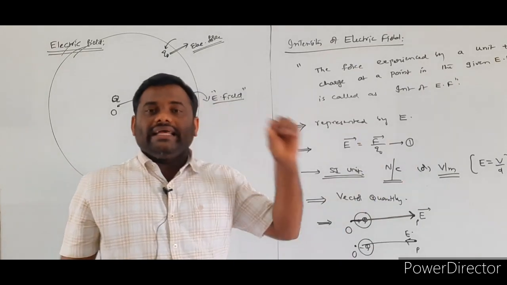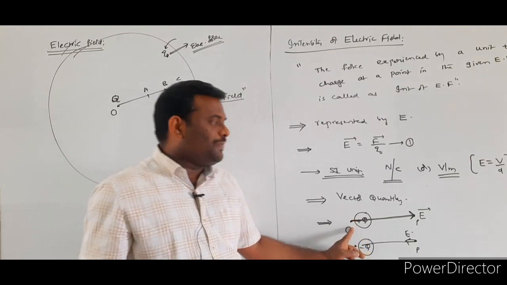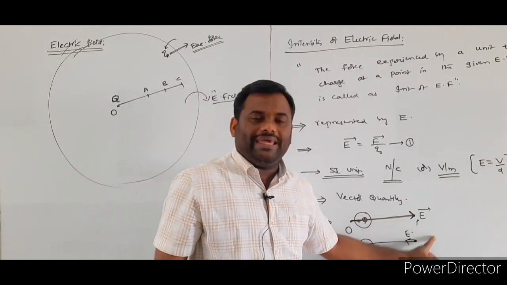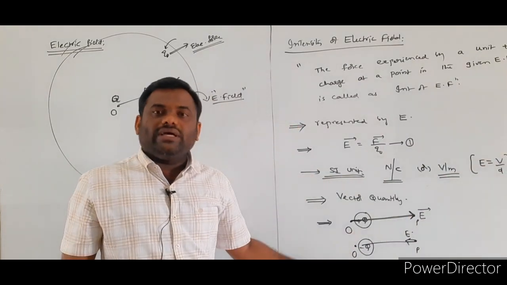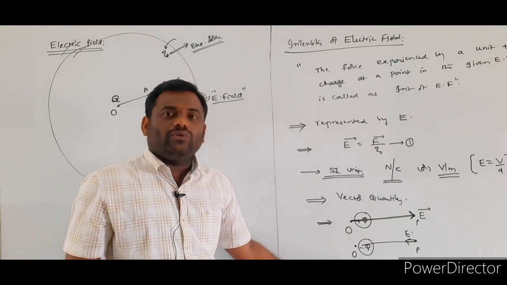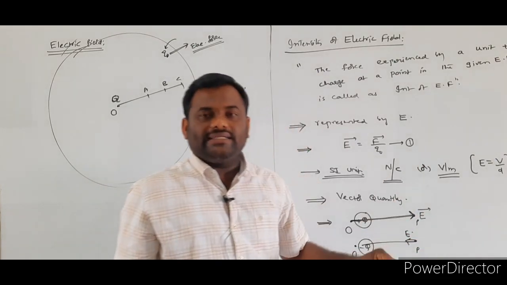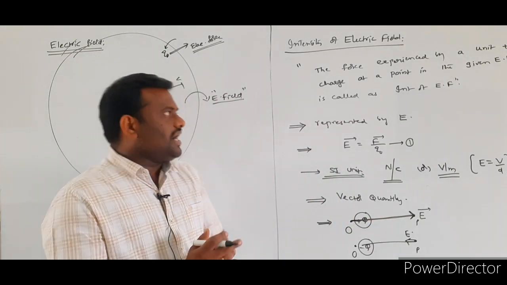The difference is only in the direction. For a positively charged particle, the direction of the electric field is away from the particle. For a negatively charged particle, the magnitude remains the same at the same point, but the direction of the field is towards the negatively charged particle.